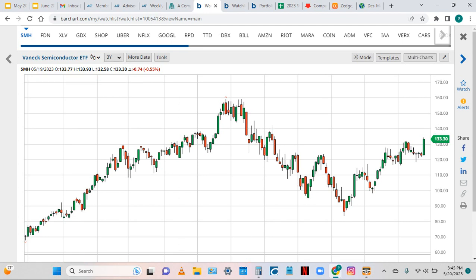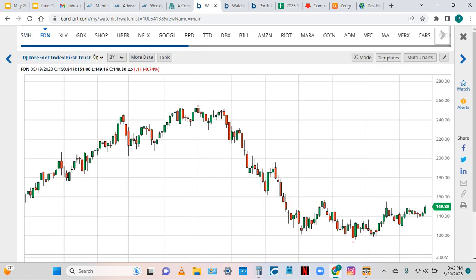And then I had this on my list, which I do own, FDN, and this was also showing signs of bottoming out with a higher low, a consolidation, and then a closing breakout. So that also looks like a purchase above that week's high, which would be somewhere around 151.